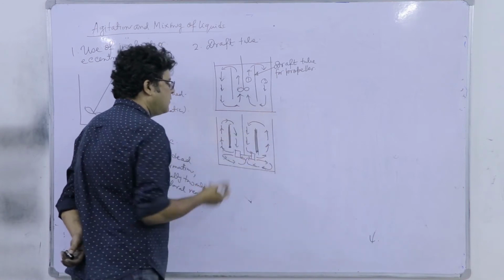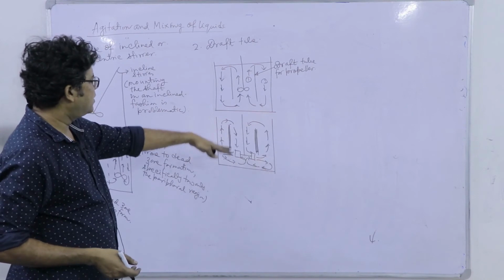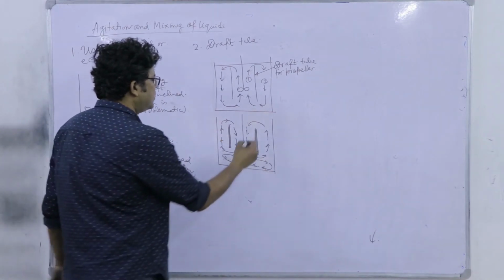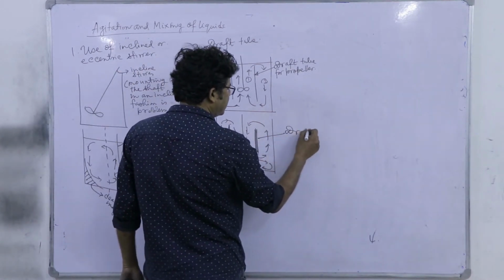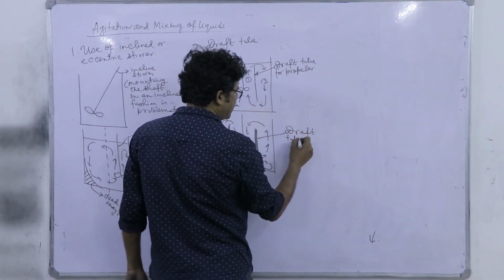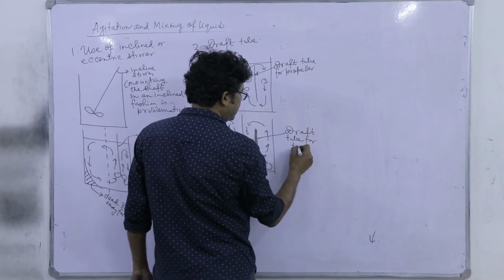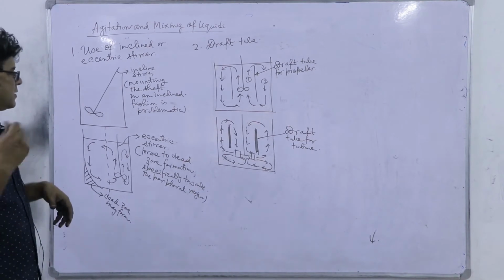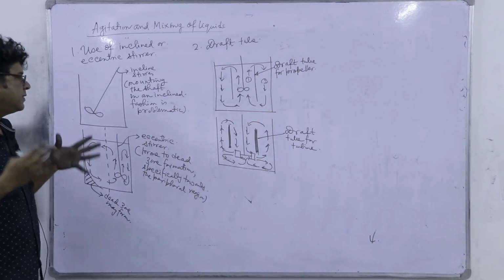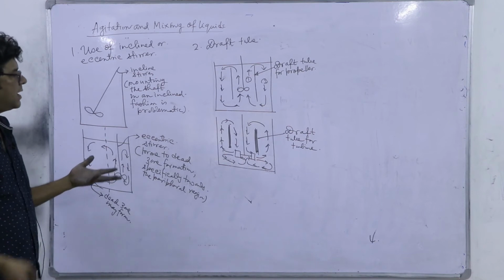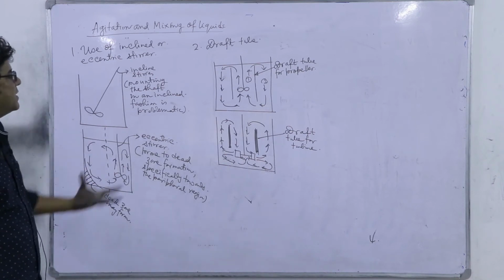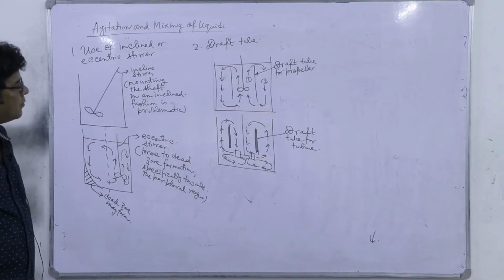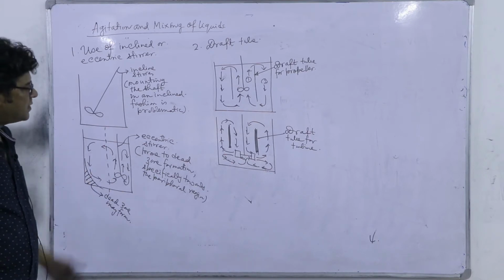In case of a turbine, it should be placed below, at the bottom half of this draft tube. So this is the draft tube for turbine. What you can see here is that as we are breaking the continuity of V theta, we can effectively convert this V theta more into VR and VZ.